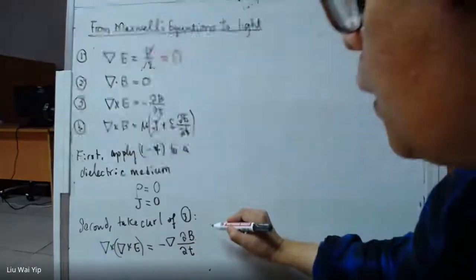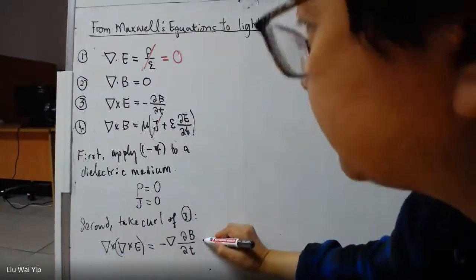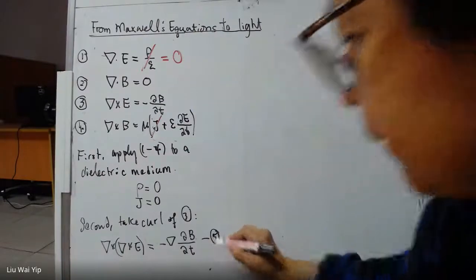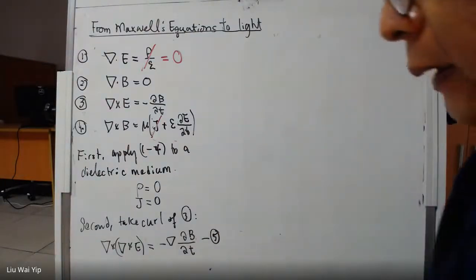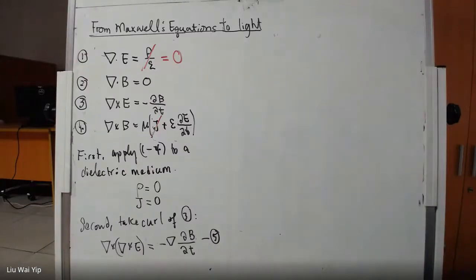So let's label this equation as equation 5. Now to continue, we need to apply some vector identities.